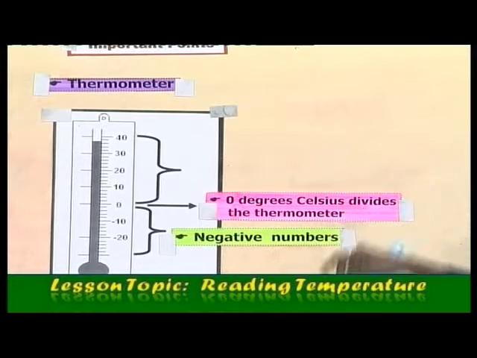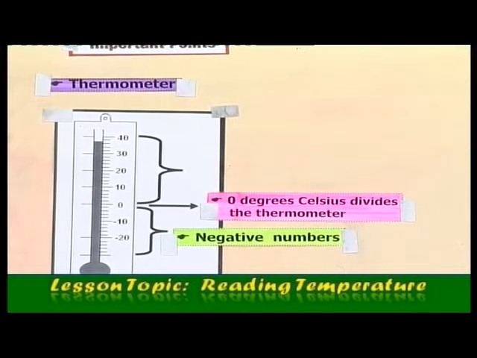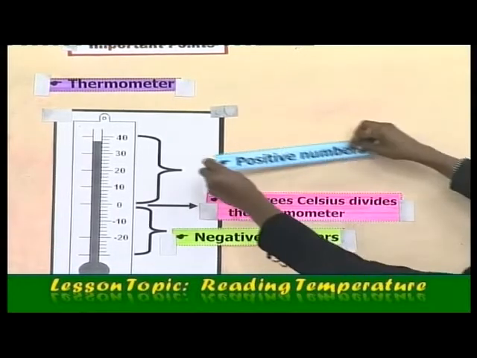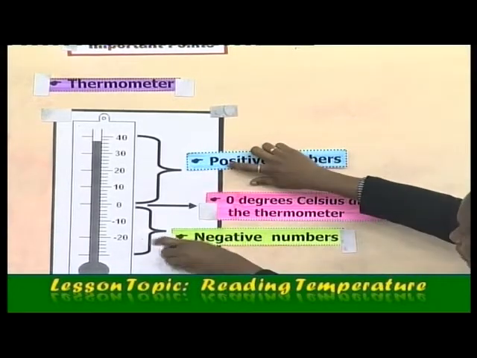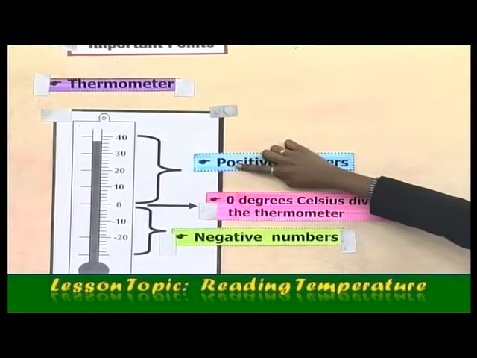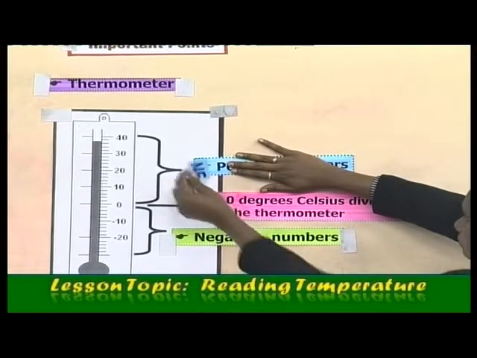And the opposite of negative would be positive. You will later learn more on these two types of signs in your next lesson topics. So the numbers that are going upwards are known as positive numbers.